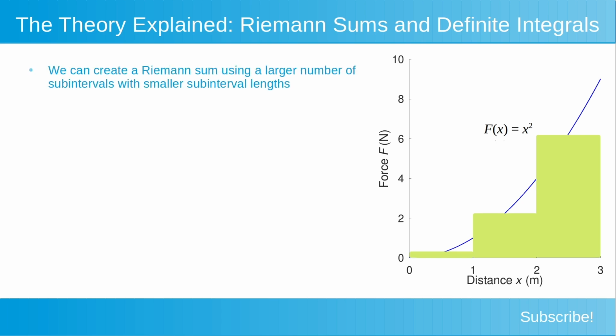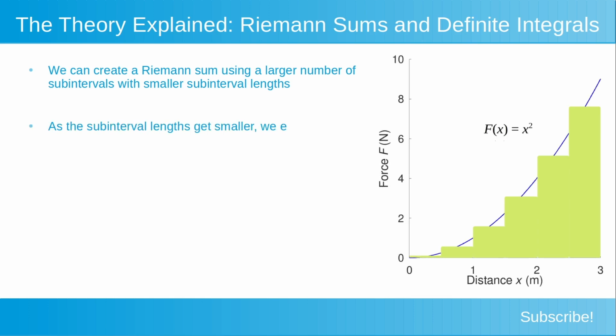We can create a Riemann sum using a larger number of subintervals with smaller subinterval lengths. This will now be shown to the right of the screen. As the subinterval lengths get smaller, we expect the accuracy of our estimate to improve.